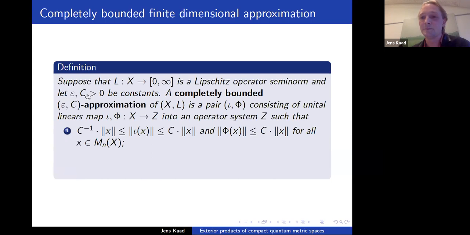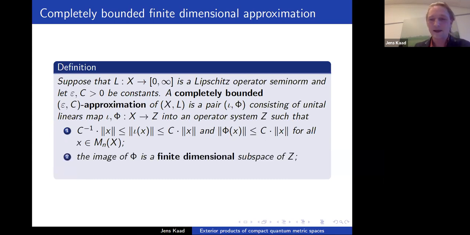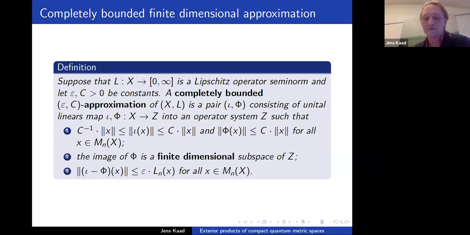That's my constant c. Phi is also completely bounded. C is an upper bound on the completely bounded norm. As before, the image of phi is finite dimensional, nothing changes. And 3, iota and phi should be close to one another. So this is the completely bounded approximation part. Iota is close to phi when compared with the Lipschitz operator seminorm.